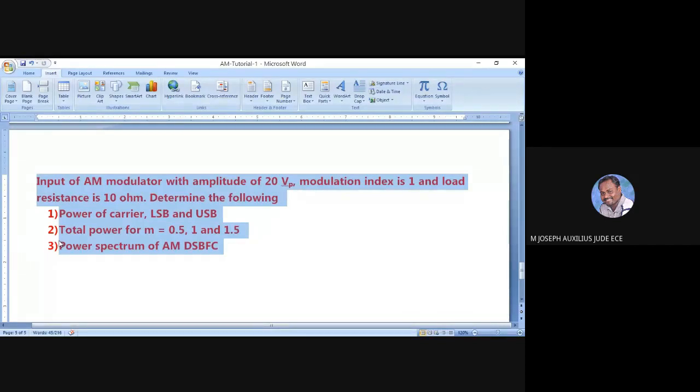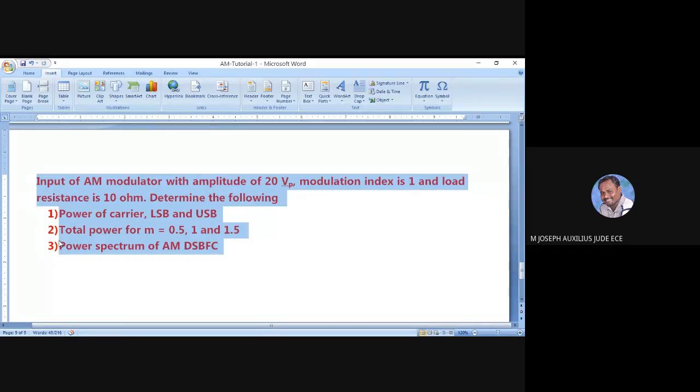And you have to draw the power spectra. Power spectra, what is its x-axis? X-axis is frequency, y-axis is power. Okay, so the same problem.